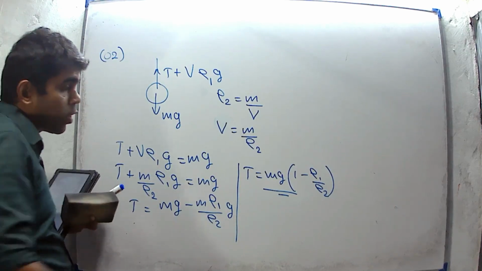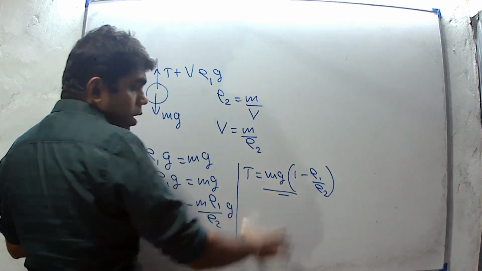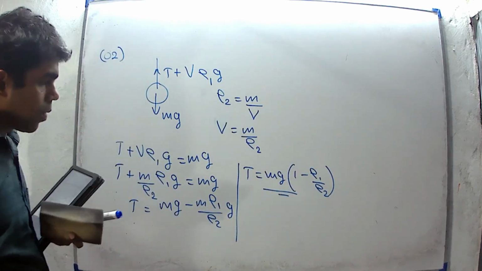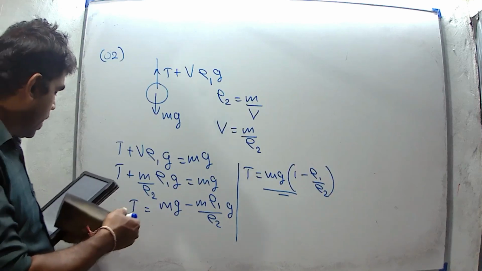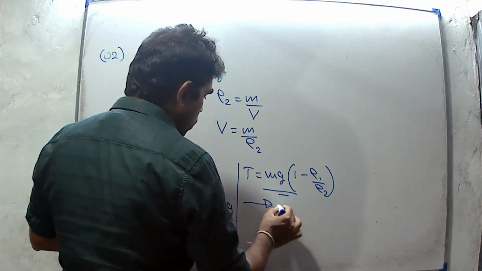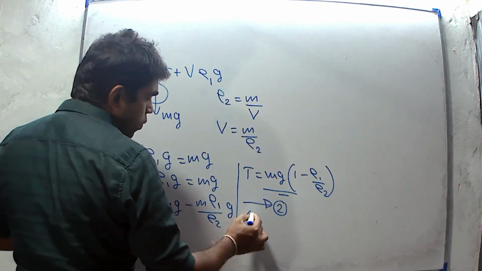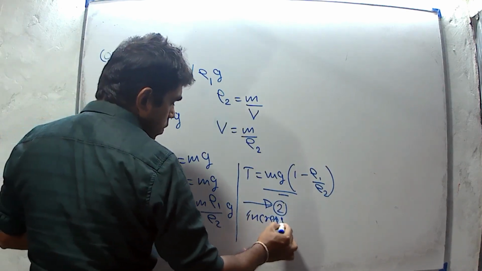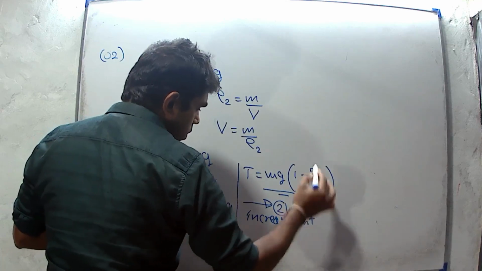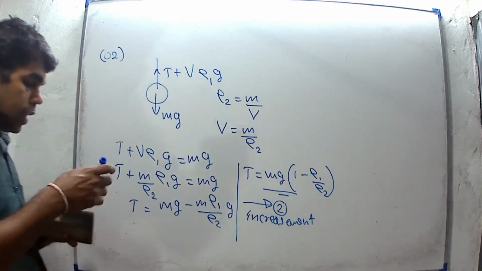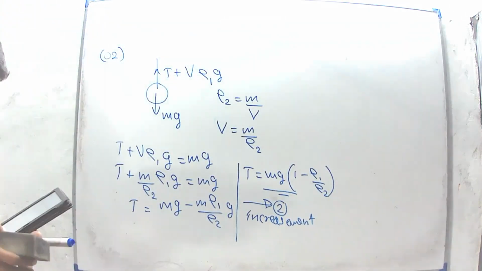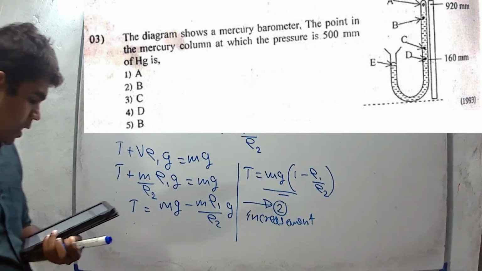The increase of reading should be equal to this value. Then the answer should be 2 for question number 2. It is the increase of reading.